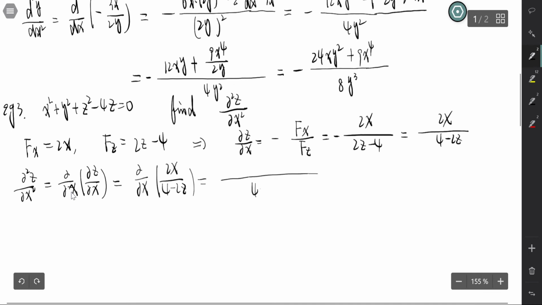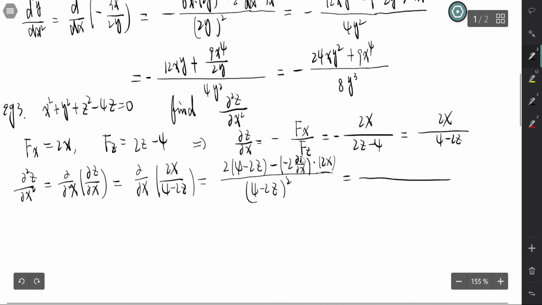The denominator is (4 minus 2z) squared, and the numerator is 2 times (4 minus 2z) minus negative 2 partial z partial x times 2x.